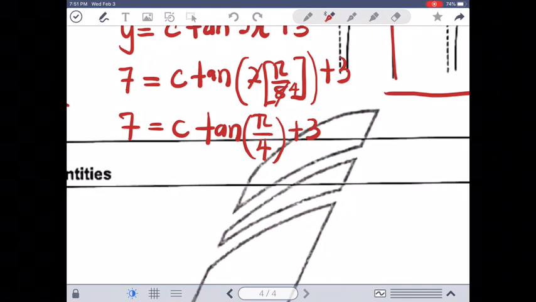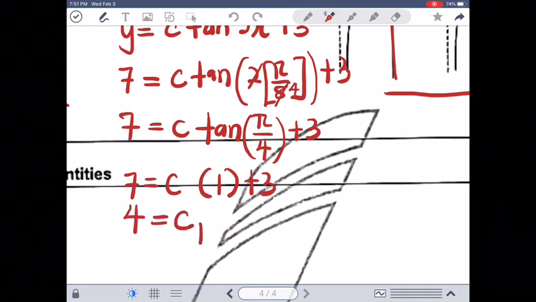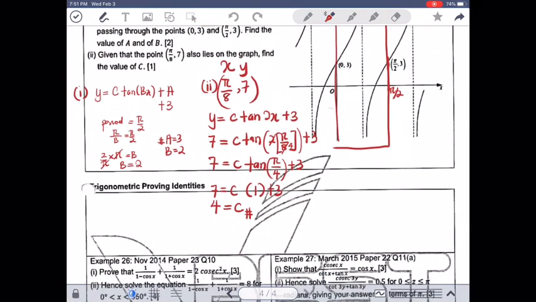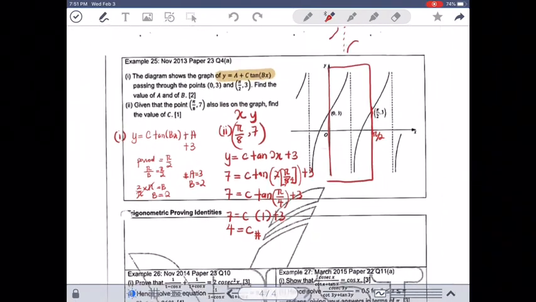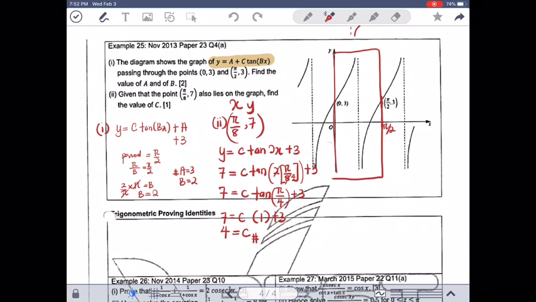If you press your calculator, make sure that your calculator is in radian mode. So tan pi over 4 we should get 1. So 7 equals c times 1 plus 3. Therefore, c is just equal to 4. Okay. So that is the last example.